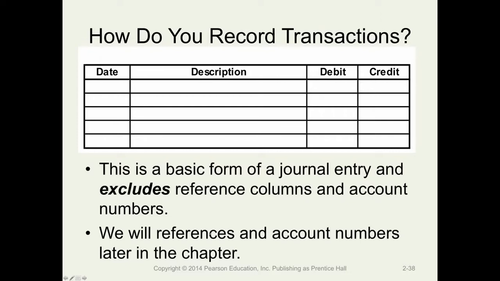And once again, as we said, you've got the date, you have the account titles where the debit is against the margin on the left side, credits are indented, and the dollar amounts are entered here. And there could also be an explanation.